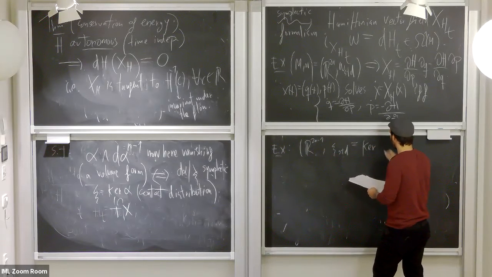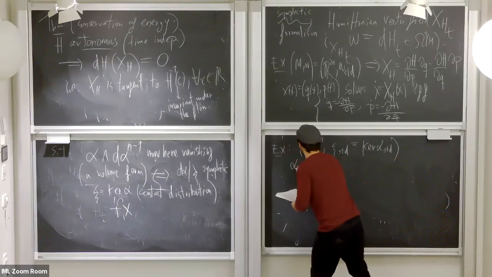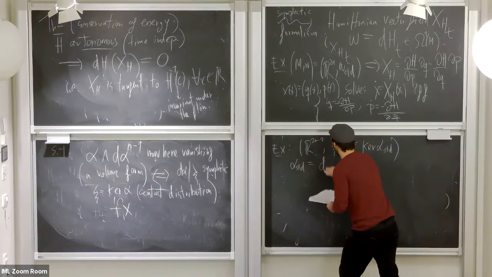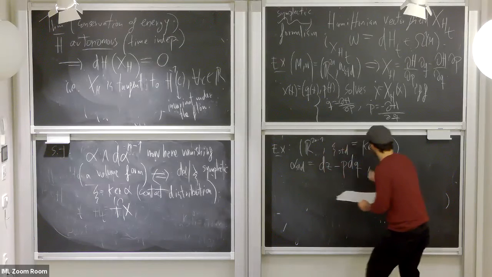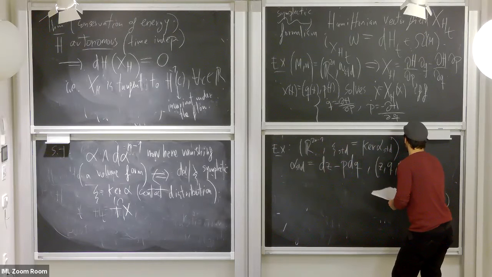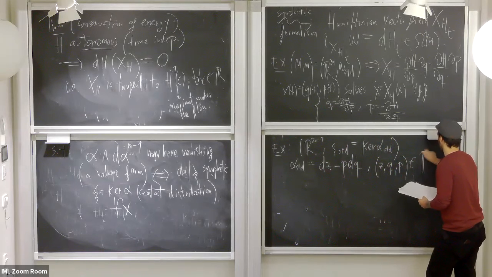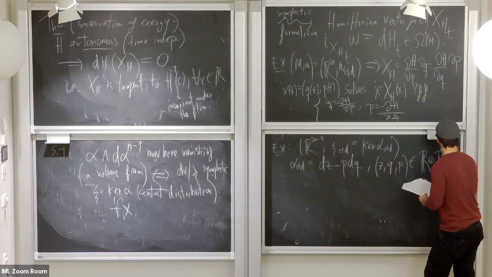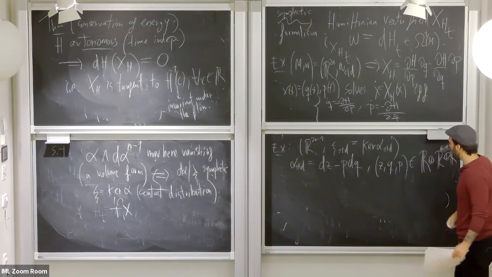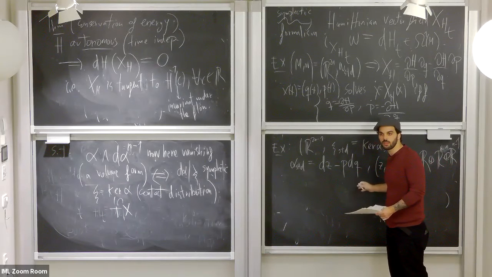The standard contact distribution is the kernel of the standard contact form, and here the standard contact form is by definition dz minus p dq, where I'm taking coordinates (z, q, p) in R plus R^(n-1) plus R^(n-1). It's just some one-form defined like this.